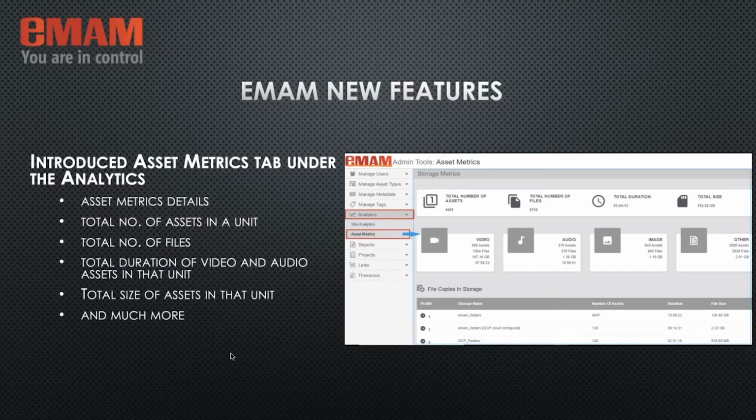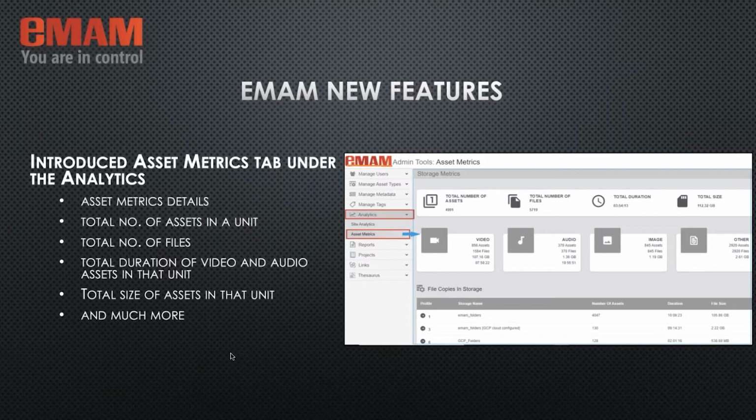Now, we've also just now added the ability to look at asset metrics. This gives you the ability to look at the total number of assets inside your business unit, number of files, duration of video, audio, asset size, and more. This is an ongoing thing that we're going to be adding to the Emam system. This will grow as we grow with the system here, and provide you information, usually our admins will be looking at this, about the total number of assets and so on.